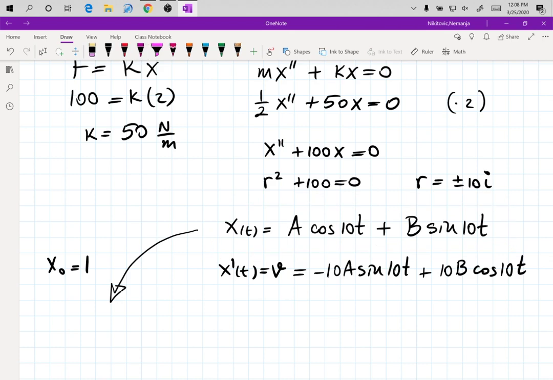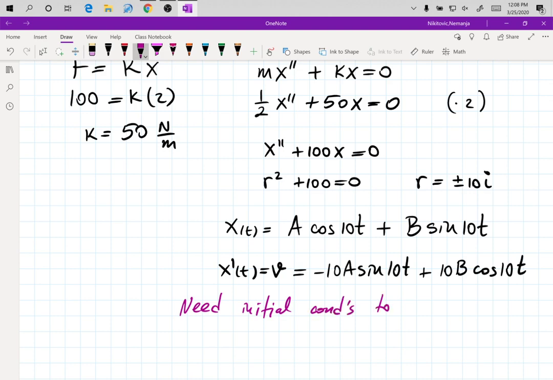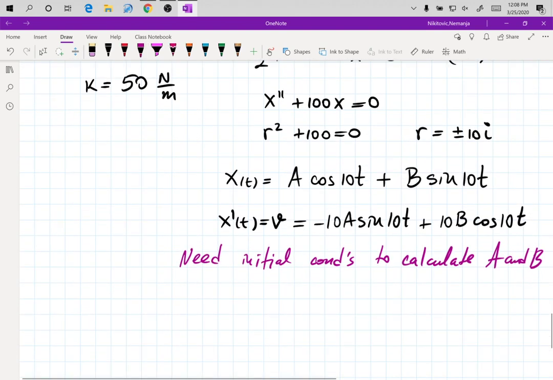Now we have to use initial conditions to calculate values for a and b. So let me actually do that. We need initial conditions to calculate A and B. So we have condition x0 equals 1.